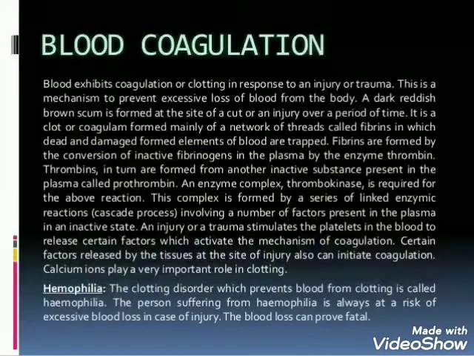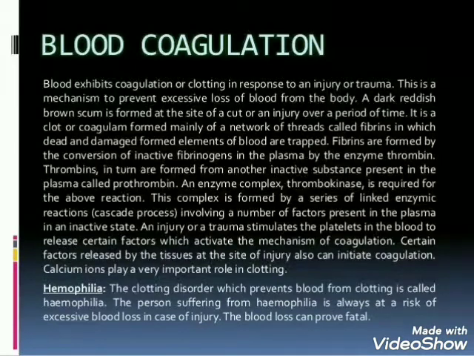A clot or coagulum is formed which consists of a network of fibers called fibrin in which the dead and damaged blood corpuscles are trapped. The blood clot seals the injured blood vessel and thereby the bleeding stops. This is the process of coagulation of blood.